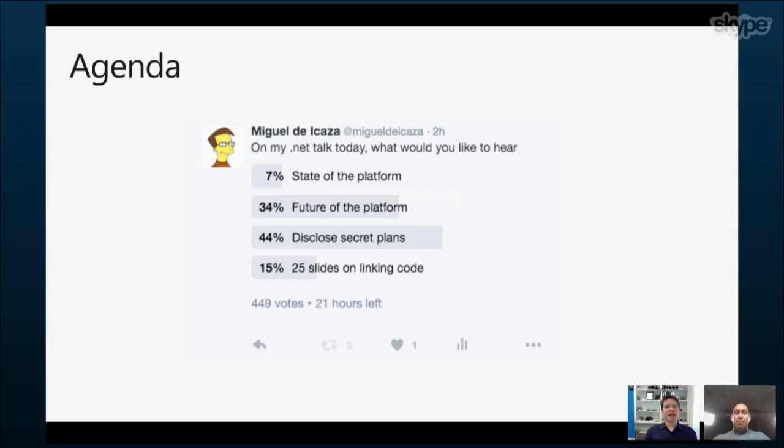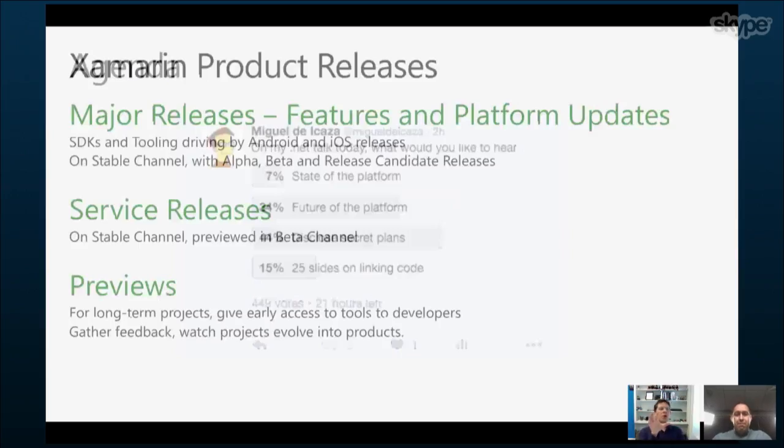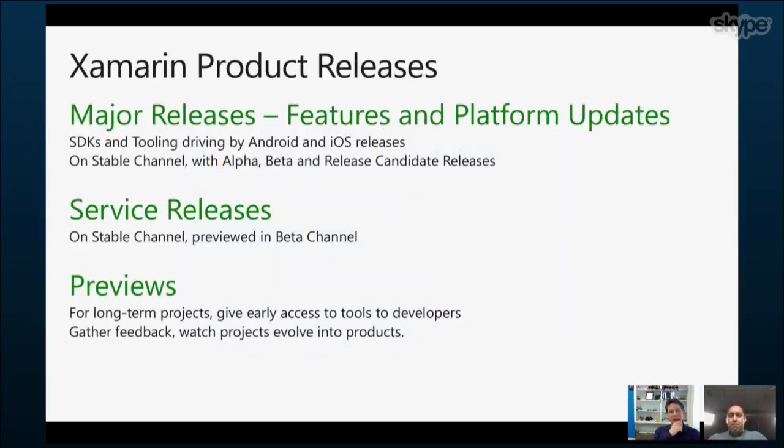Before I get started, on the state of the platform, it's important for you to know that Xamarin typically has major releases during the year. They usually happen 2 to 3 times, where we include new features, but mostly we're driven by major upgrades on the platforms that we support. That is iOS and Android.